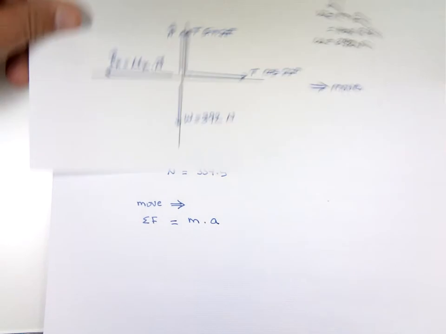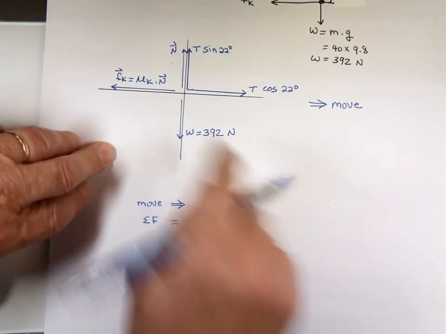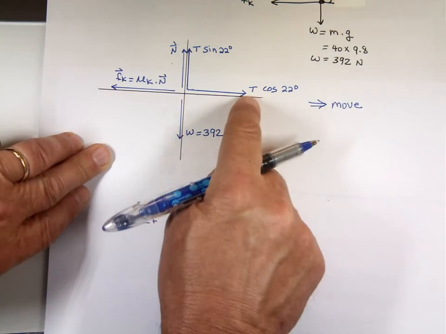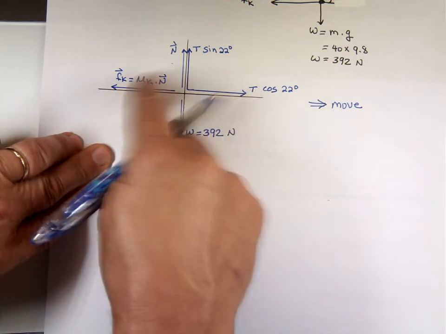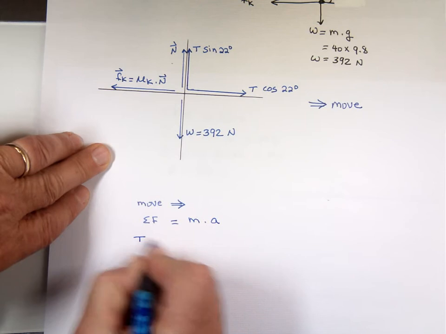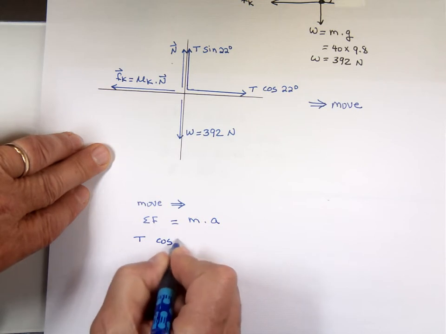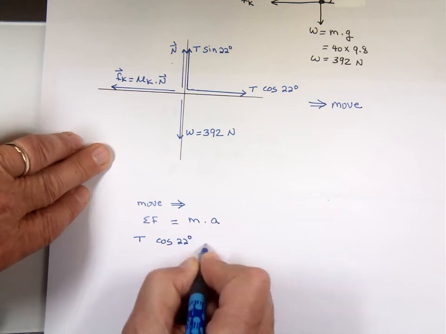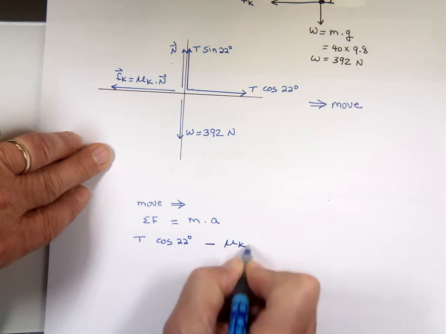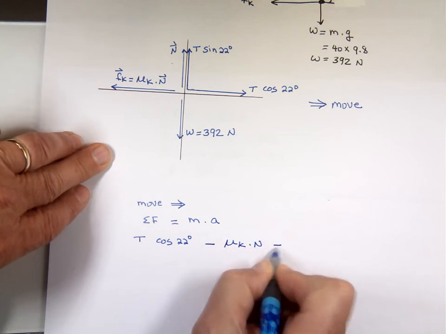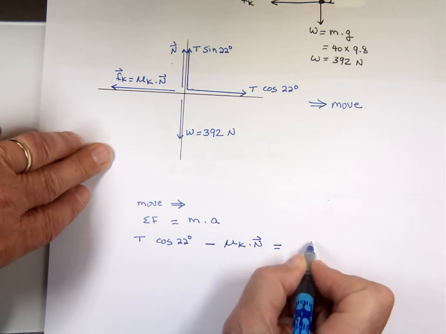To the right, the net force, this one minus this one. You're going to the right, so it's this minus this. T cosine 22 degrees minus mu k times n equals the mass times the acceleration. What was the mass? 40 times the acceleration.